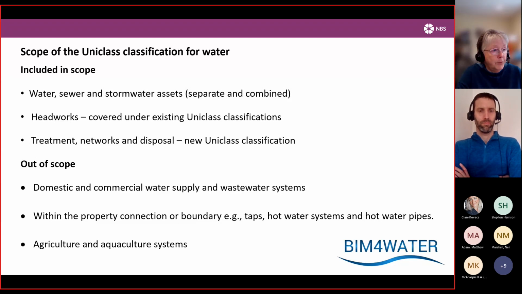So sites like hospitals and that sort of thing, you're not going to be dealing with that. And also in many cases, you're not involved with agriculture and aquaculture systems, although you will inevitably have an awareness of that.